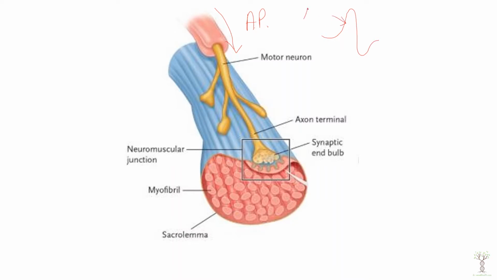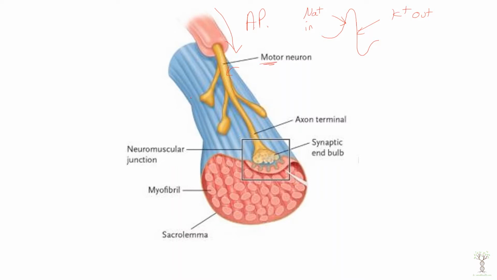When depolarization is occurring, sodium is moving in. When repolarization is occurring, potassium is moving out. It's the charge change in the cell that is moving along the axon to the axon terminals.